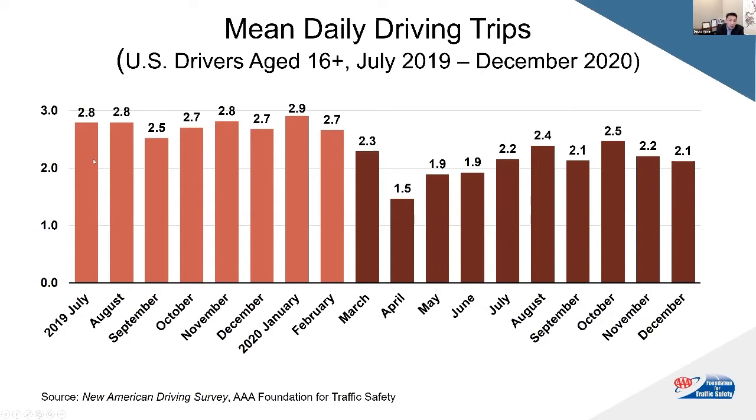We see about 2.7 trips on average that US drivers made daily. Then from February to March, when governors and mayors began to issue stay-at-home orders, we see the rate drop in March and April, and then a bit of a rebound afterwards.